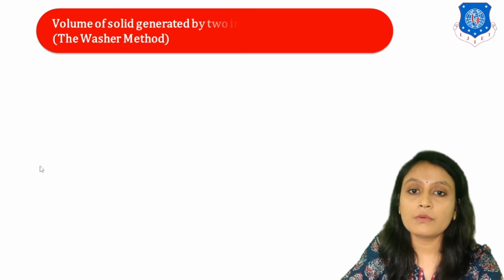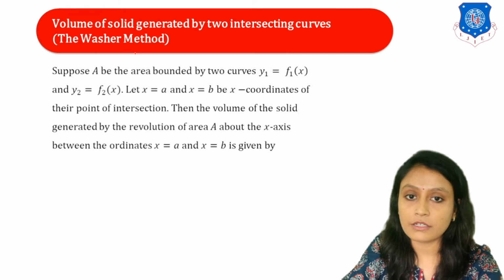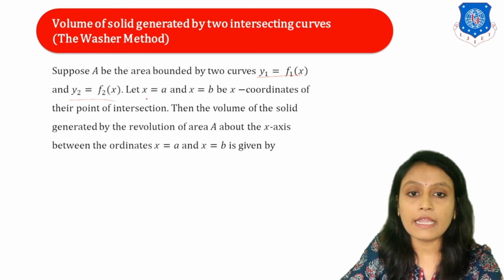Now we will discuss one more method, that is volume of solid generated by two intersecting curves, the Washer's method. Suppose A is the area bounded by two curves y1 equals f1 of x and y2 equals f2 of x. Let x equals a and x equals b be the x coordinates of their points of intersection.